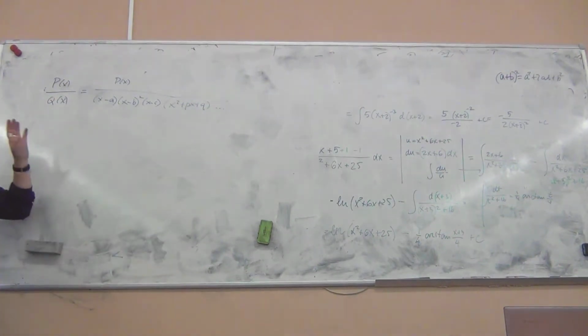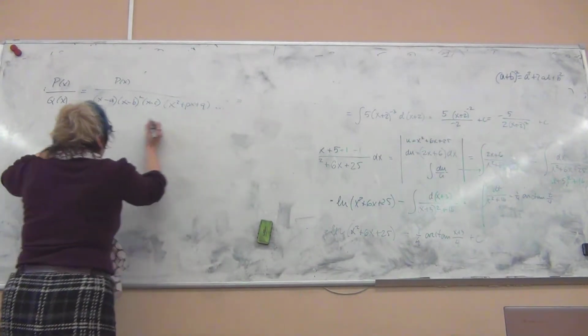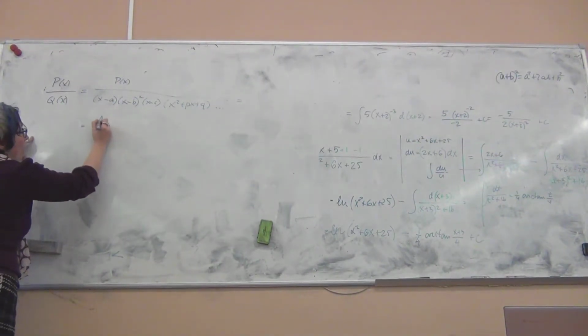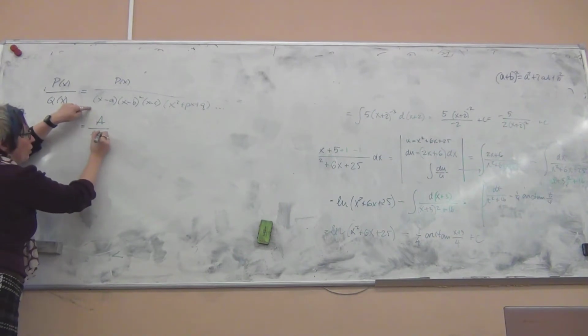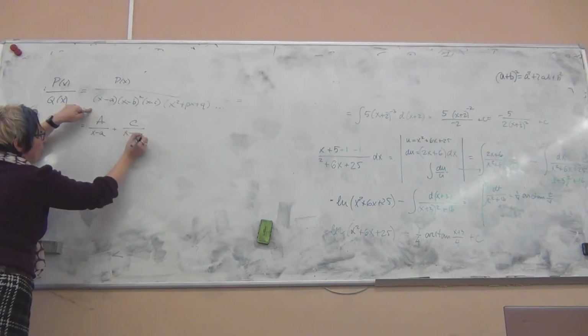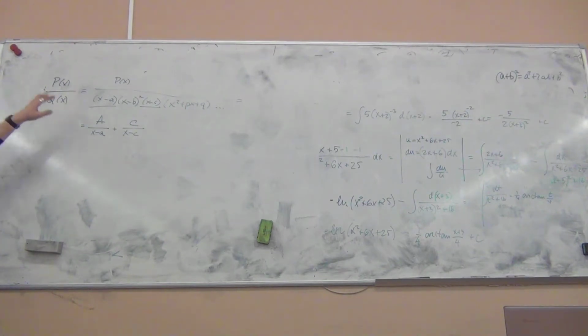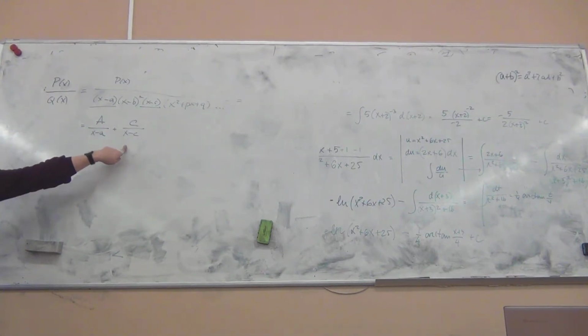For each factor, we get a type 1, 2, 3 or 4 elementary fraction. In other words, I can resolve this into a sum: a constant a over x minus a, plus some constant perhaps c over x minus c. So every single linear factor creates a type 1 fraction.